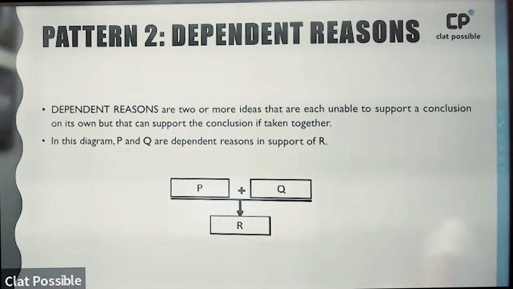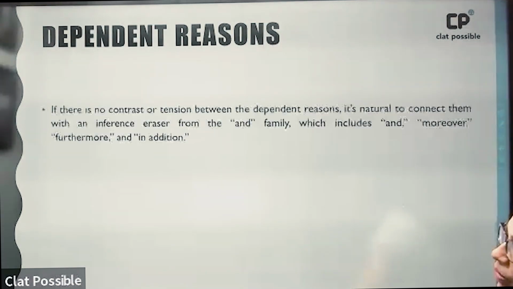Only one cannot lead us to the conclusion. So our premises are joined by the word and, or we can write furthermore or in addition to. These type of turnstiles or indicator words can be seen.